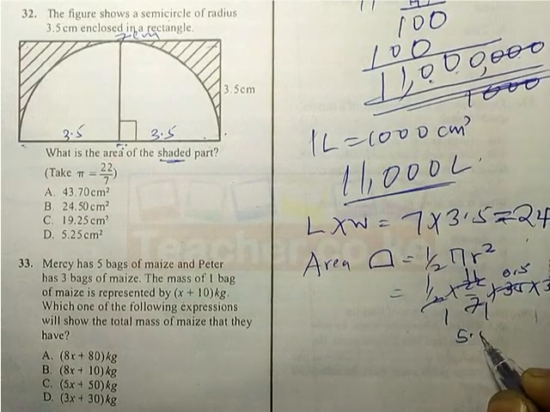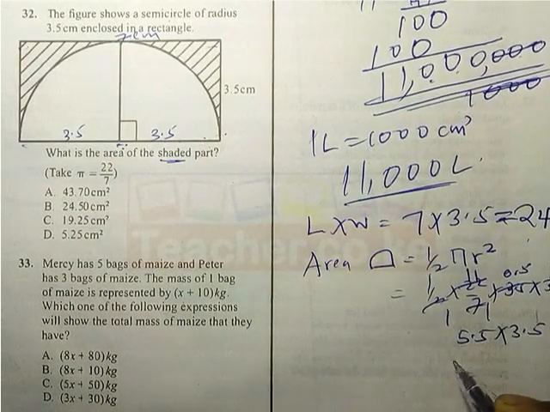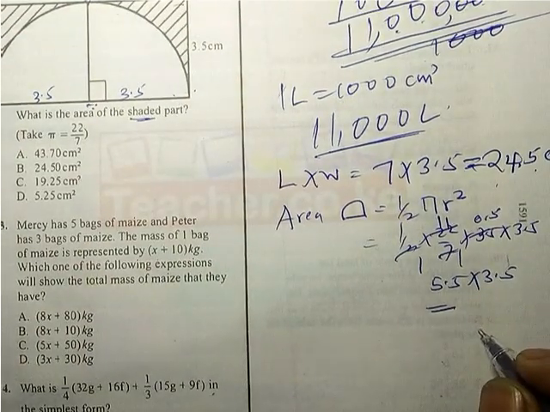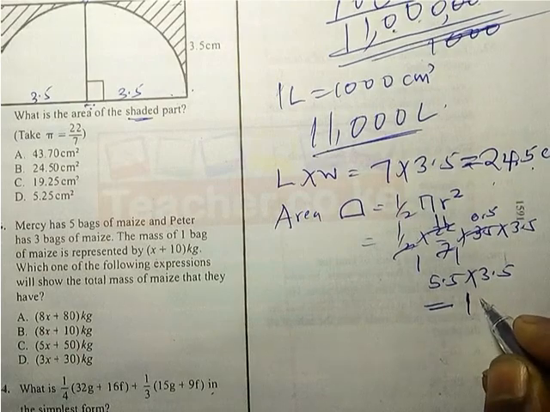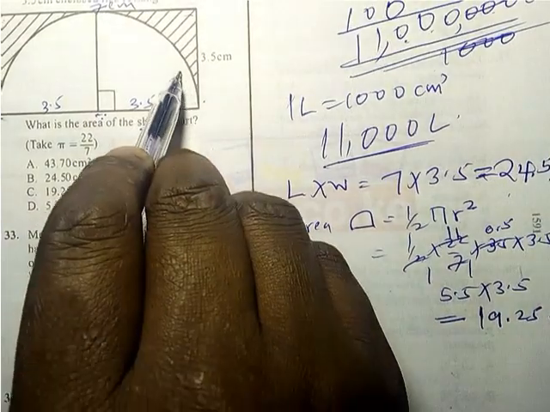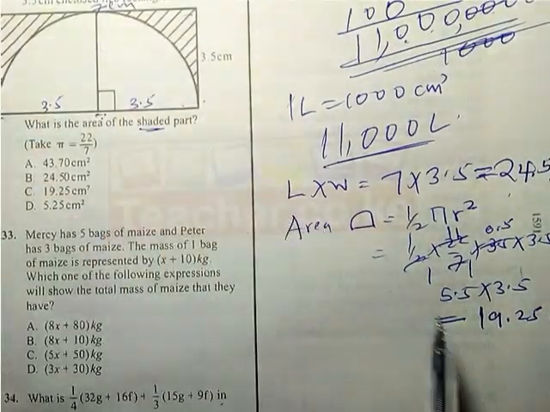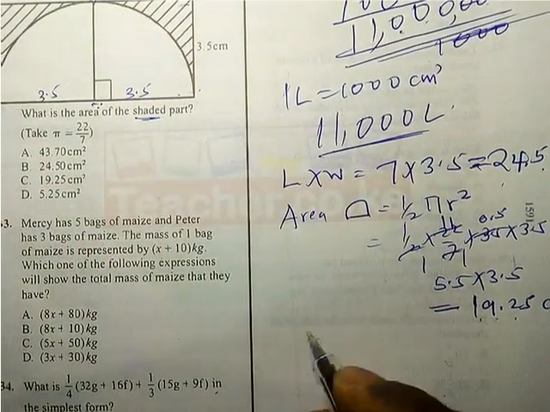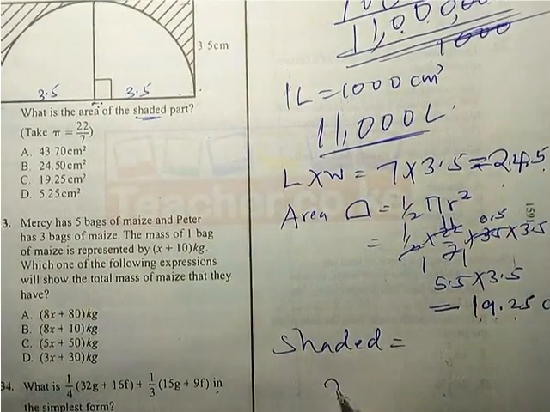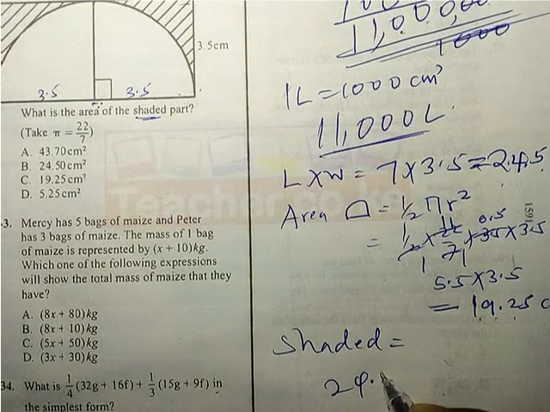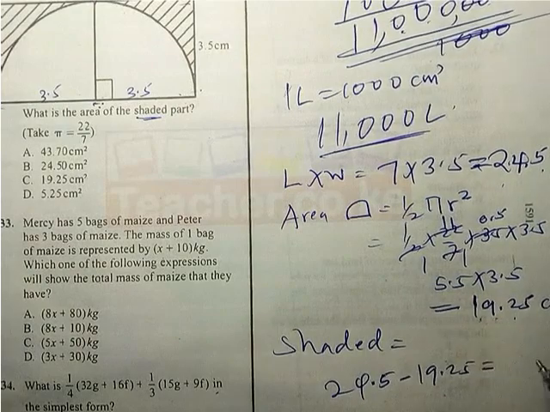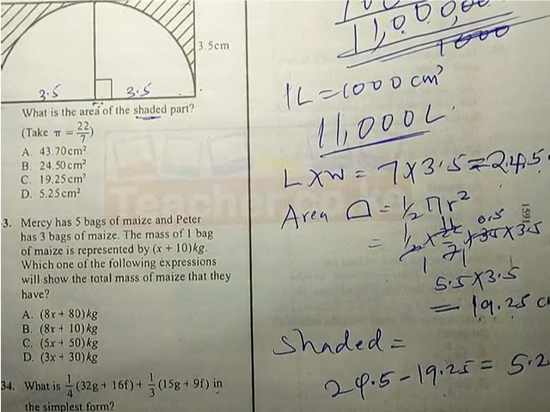So 5.5 times 3.5 gives us 19.25 centimeters squared. So the area of the unshaded region, which is the semicircle, is 19.25. Now what is the area of the shaded? So shaded equals the total area, 24.5 minus 19.25, which gives us 5.25 centimeters squared.